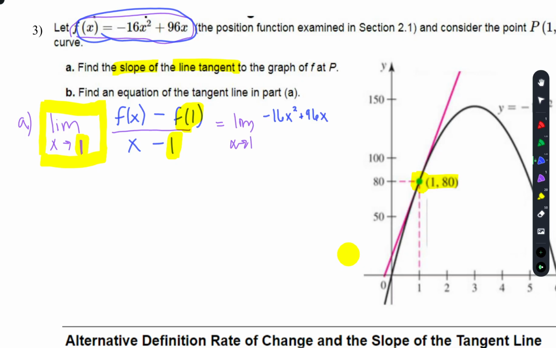Okay. So that's the f of x part, minus f of 1. So f of 1 is the y at the tangent line. So this is your f of 1.